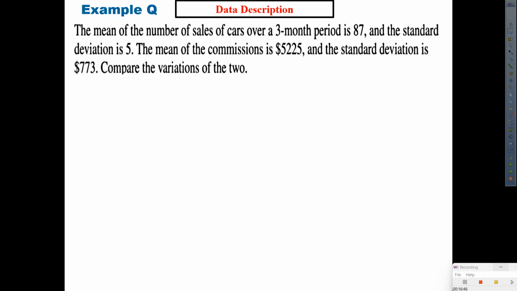Whenever you get to these problems that say compare the variations, do they say use the coefficient of variation formula? No, they're just asking for the variation. Whenever a problem asks you for variation, automatically you think what? CVar. However, which formula do we use? Tell your neighbor which formula you use and why you chose that formula.